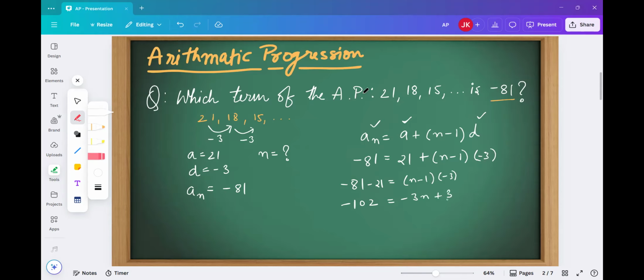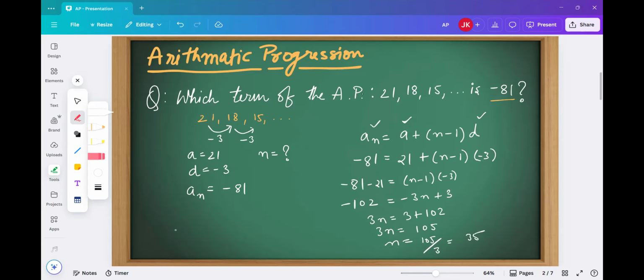Now what we can do is take this minus 3N to the left-hand side. So we get a plus 3N. And now here 3 is left, and we bring this to the other side, and we'll get a plus 102, right? So it is 3N equals 105, and N equals 105 over 3, which is 35.